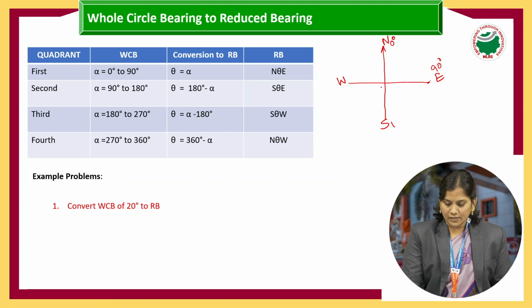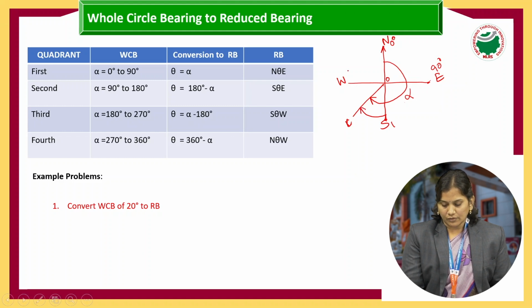If our survey line is in the third quadrant, again we are measuring our whole circle bearing from north towards our survey line in clockwise direction. We denote this as alpha, and we measure the reduced bearing from south towards our survey line in clockwise direction towards west.